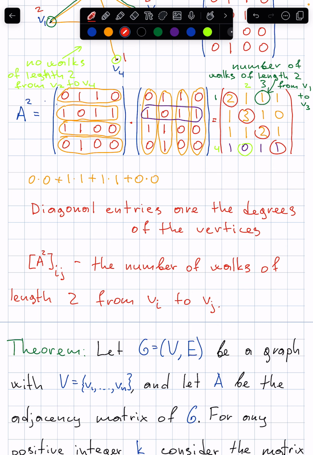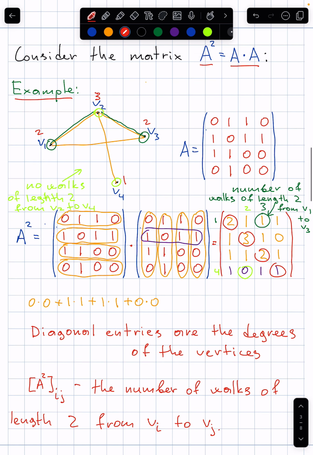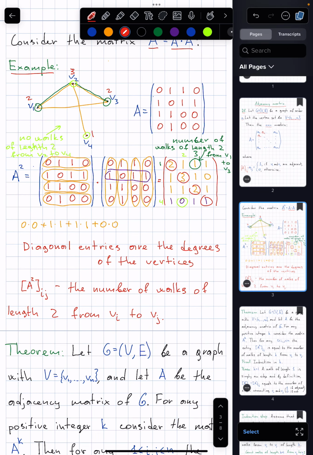I also want to notice that our statement about the diagonal entries in the matrix also fits well into this picture. Let me add a page here.